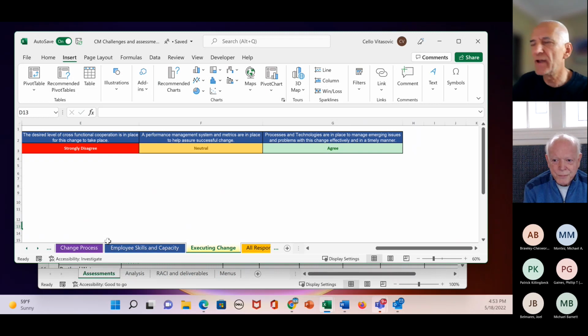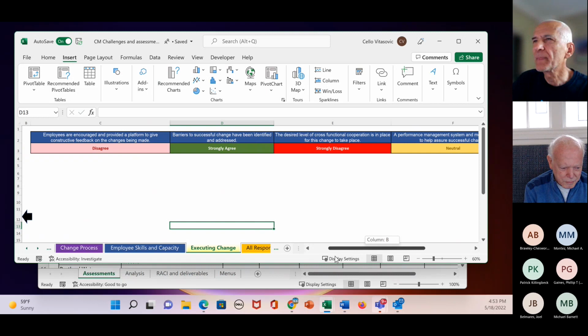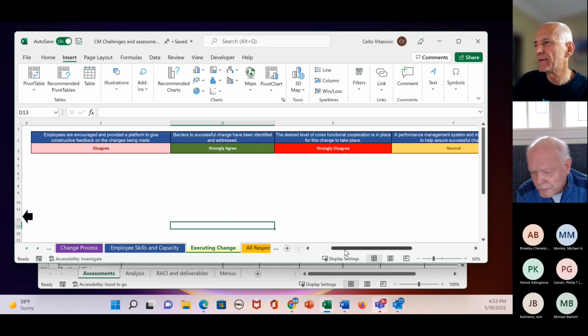So the design page, these blue things, individual pages, the design page, once you change the design page, it impacts that.